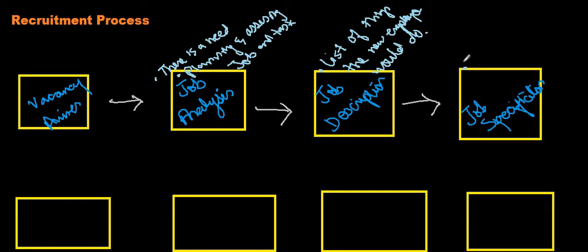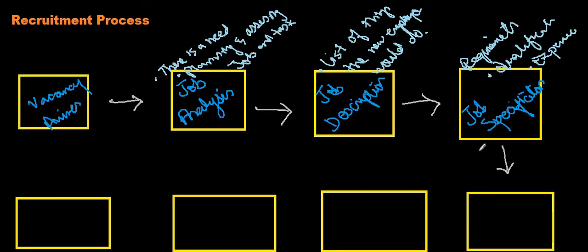What are the requirements to be a part of this job, to be hired? So the requirements, as discussed, can be qualifications, experience, expertise. So this is what needs to be done, and this is what do you have. We need person with these requirements. Do you have those? Then we can think about it.